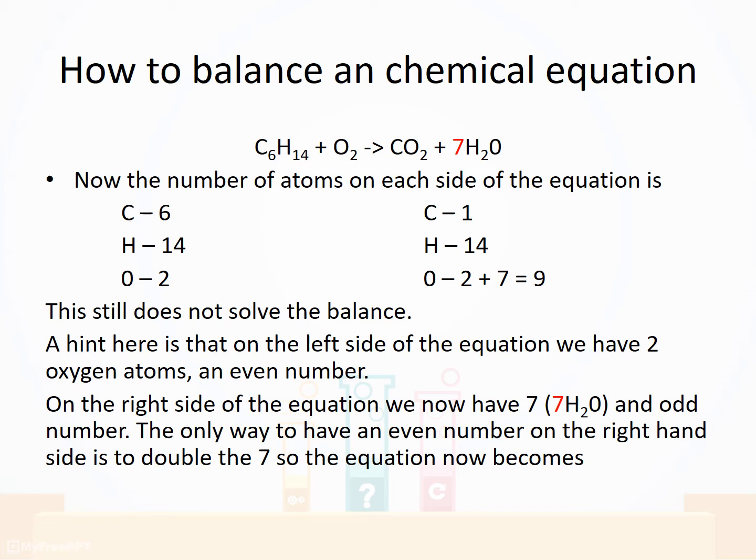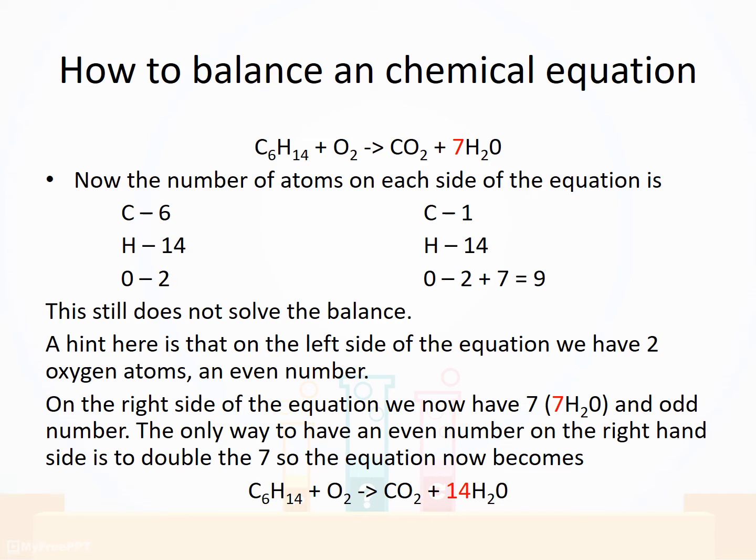That will then allow the oxygens to be an even number, and it also still is a multiple of the number of hydrogens that we need. If we've got 14, then we can double that and make that 28. So if we do this, our equation now becomes this with the 14 waters.